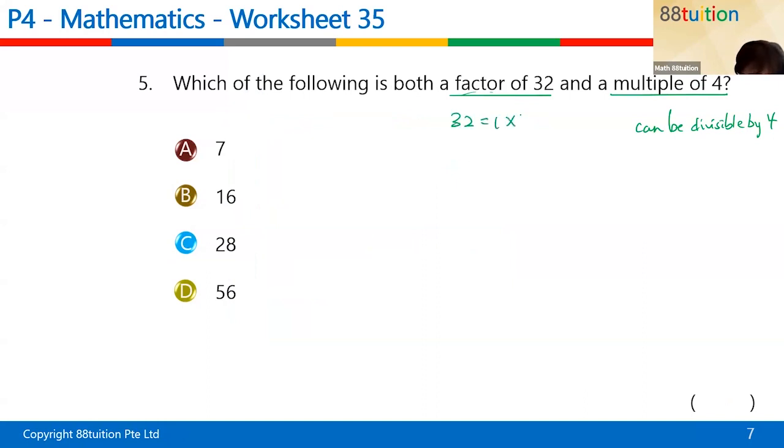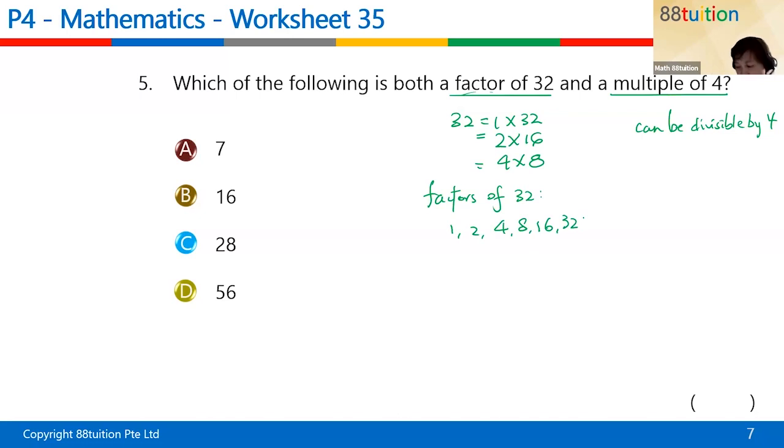The factors will be 1 times 32. I'm going to find the factors, all right? 2 multiplied by 16. We have 4 multiplied by 8. So the factors of 32, that's what I'm looking for. It will be 1, 2, 4, 8, 16, and 32.